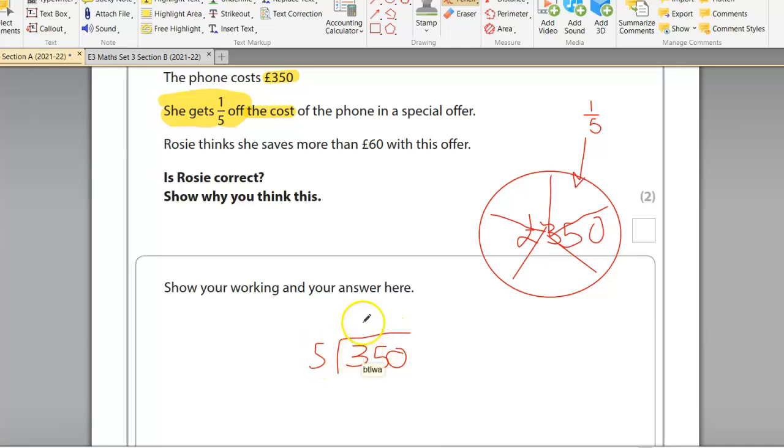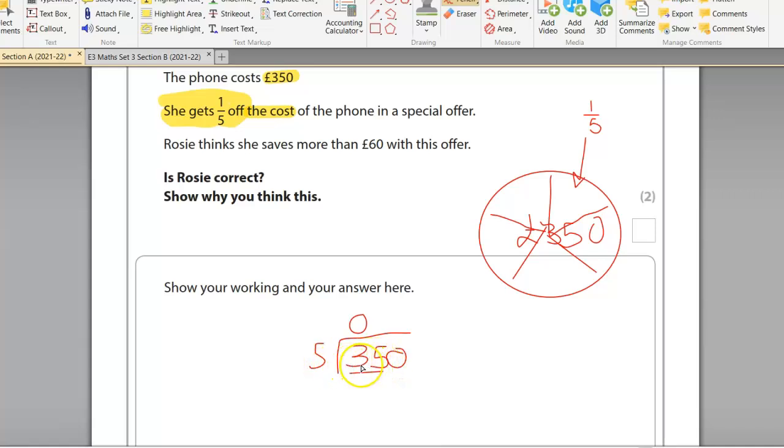So 5 into 3, we cannot do that. So we can put a 0 there or leave it blank. So then we've got 5 into 35. How many times does 5 go into 35? If you know your times tables, great. If you don't, just keep adding up in 5s and see how many times you need to do that to get to 35.